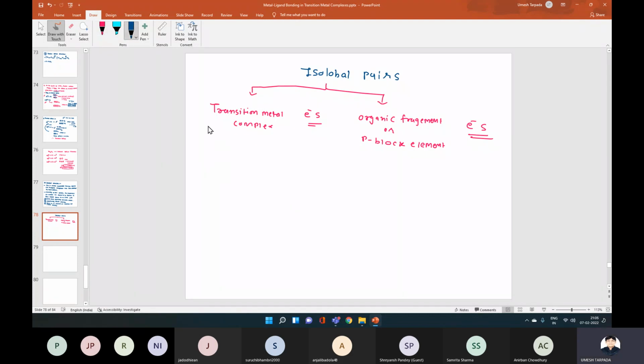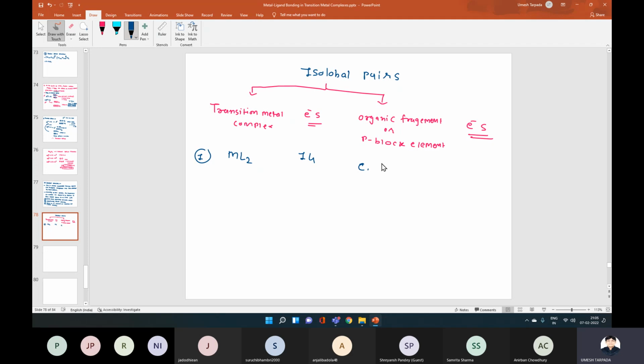So suppose the structure type is ML2 type. It has 14 electrons and 2 ligands. So it is isolobal to carbon, and carbon belongs to group 14.